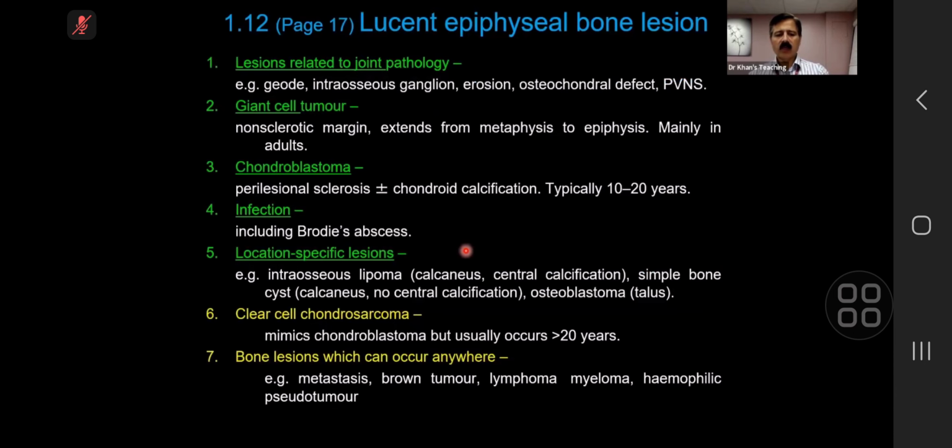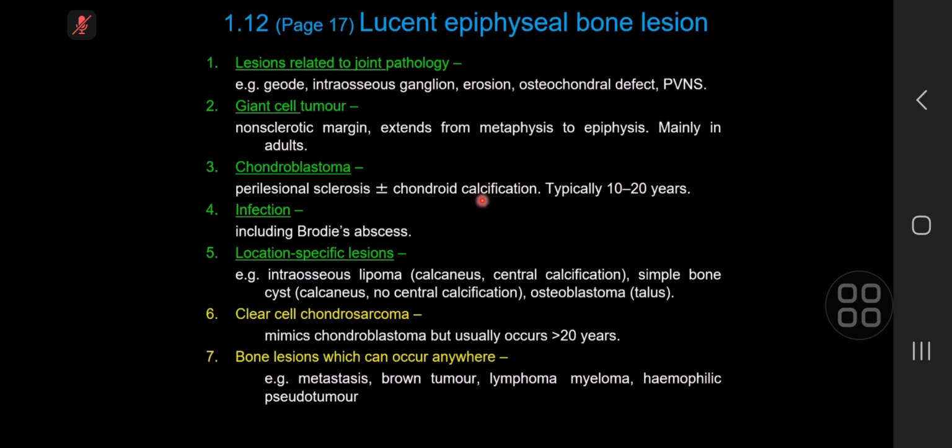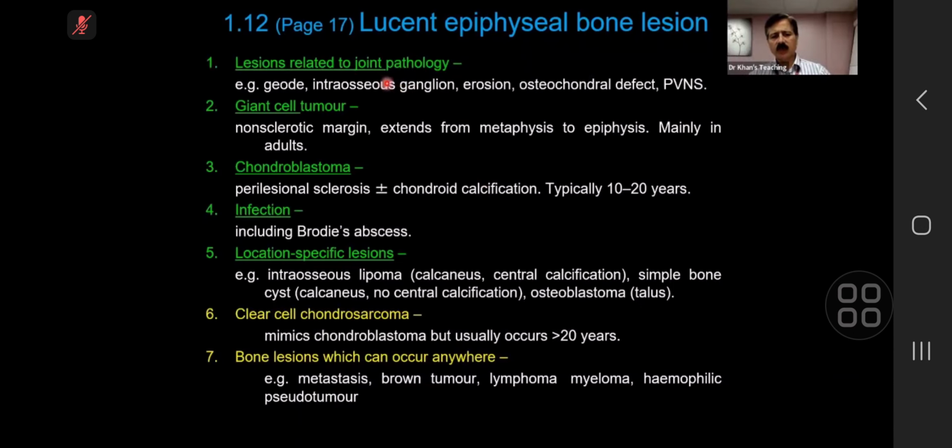So now this is an extremely important differential diagnosis for your exam. One of the top differential diagnoses for MSK. This comes in the exam, so many aspects can come in the exam. So I will tell you a few points for the exam.